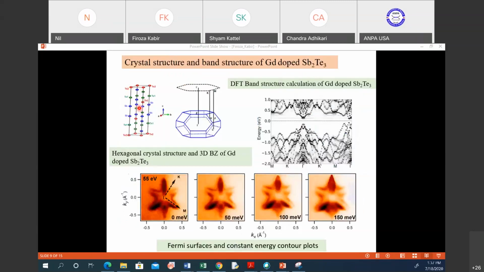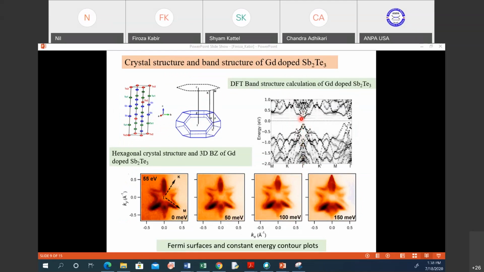The crystal structure is shown here, which is a hexagonal crystal structure with this 3D Brillouin zone of this Gd-doped antimony telluride. From the DFT band structure calculation, you can see a direct band gap of around 0.18 eV at the gamma high symmetry point of the Brillouin zone.